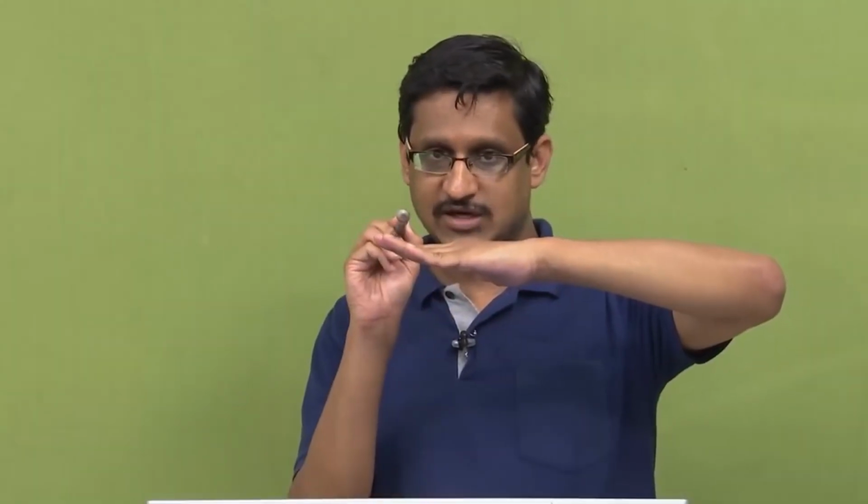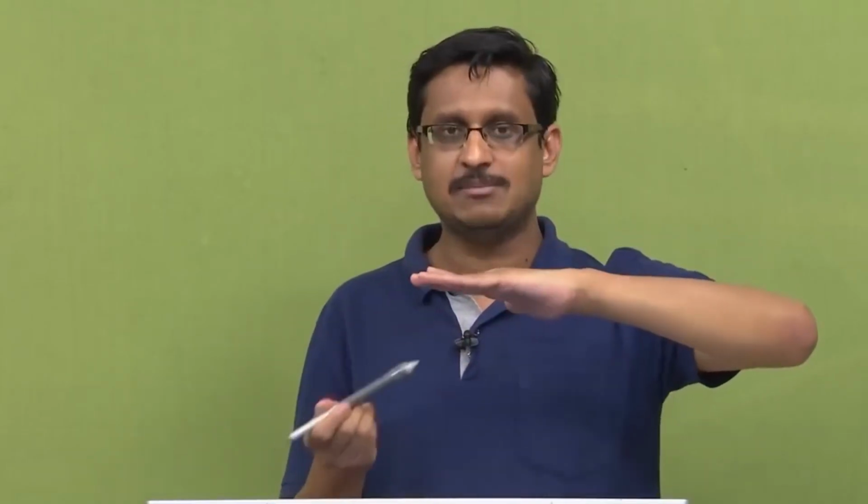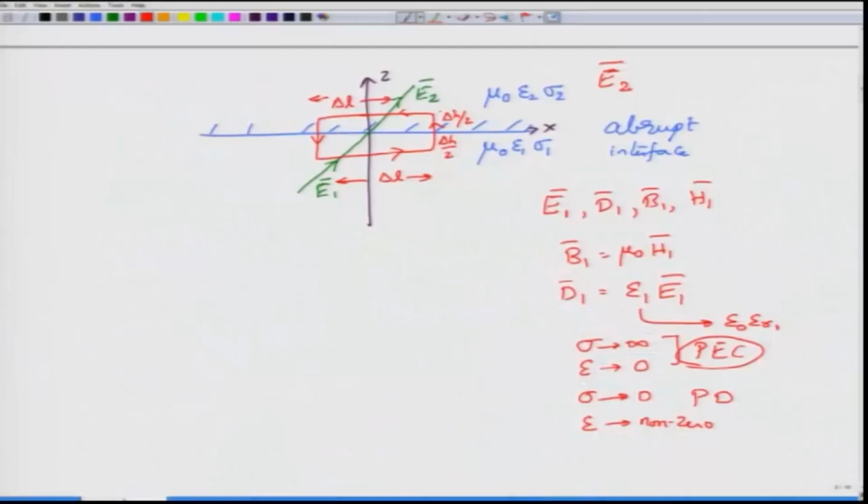If you have looked at it carefully, the sense of direction is along the x direction in one part, whereas in the other part it is along minus x direction. It does not really matter which way you take, but you have to be consistent. You can't take both delta L to be positive. Now, what am I going to do with this picture?